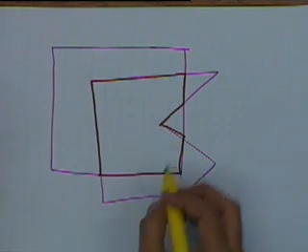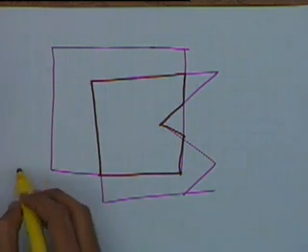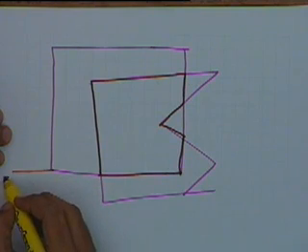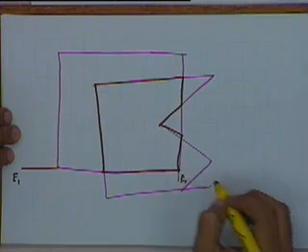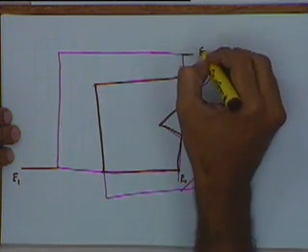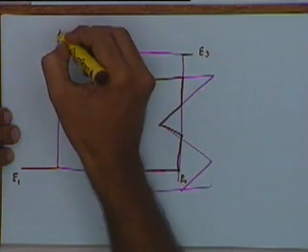We clip this polygon first with respect to one edge, let's say this is edge 1, then with respect to the second edge, then with respect to the third edge, and so on.